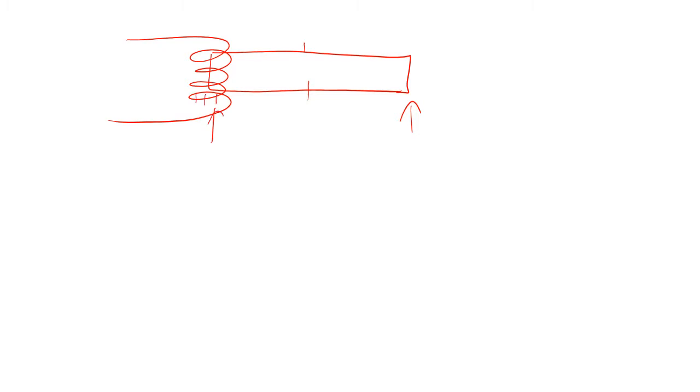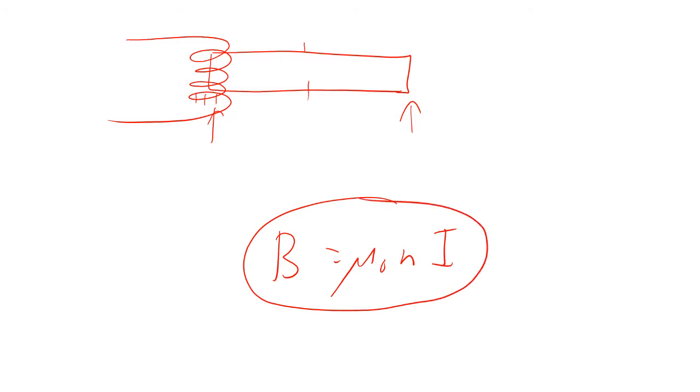What would that have done? And the answer is nothing. That doesn't actually play a role in this. And so that would suggest that the magnetic field inside the solenoid is the same everywhere. So it's a constant. It's mu naught n times I, little n times I. So that's the magnetic field of a solenoid everywhere inside.